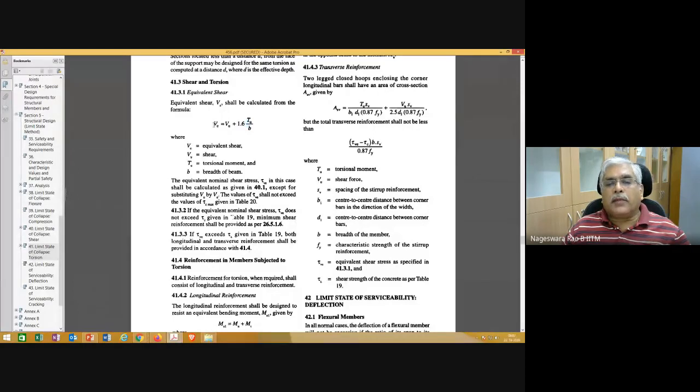And then subsequently, we can make use of this equivalent shear to calculate nominal shear, and that is how we need to proceed.